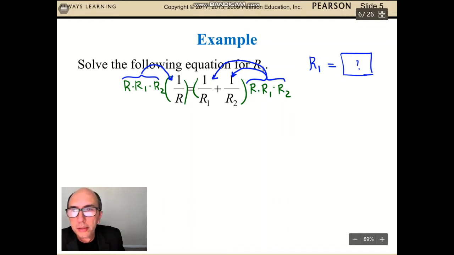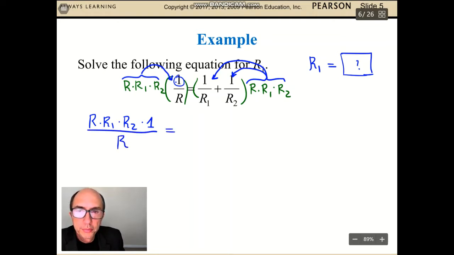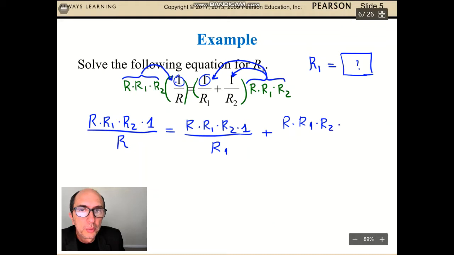Distributive property here, so R times R1 times R2 multiplied by 1 over R equals R times R1 times R2 multiplied by 1 right here over R1, plus R times R1 times R2 multiplied by 1, now this one here over R2.